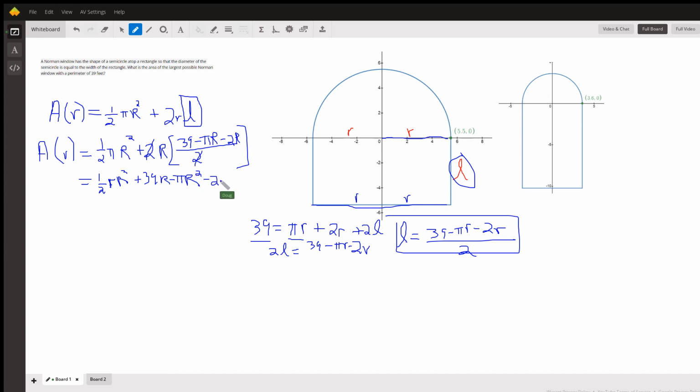And to find out maximum or minimum values for a function, we have to find the derivative, set it equal to 0 to find the critical numbers.